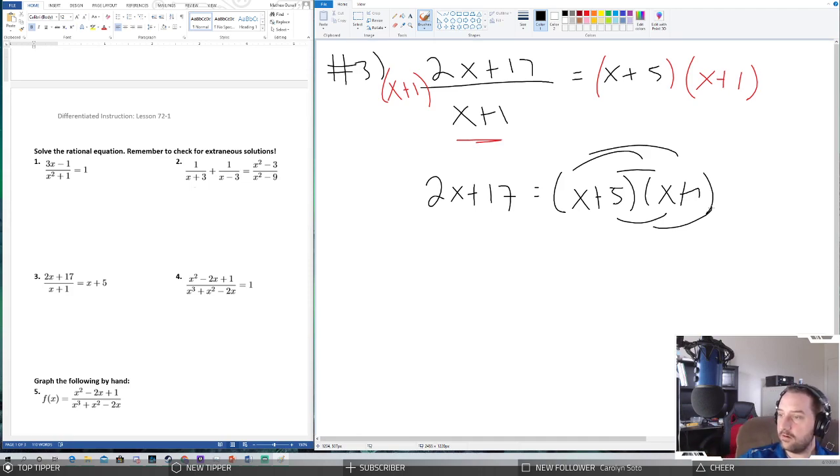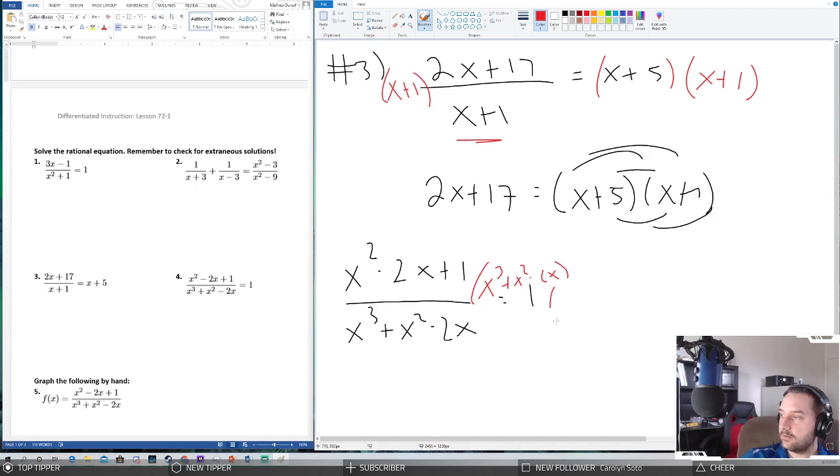For number 4, you're going to multiply by the denominator. So you're going to multiply both sides by x cubed plus x squared minus 2x. And so those will cancel out.